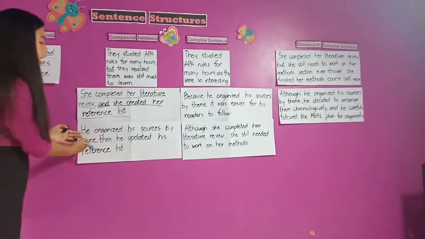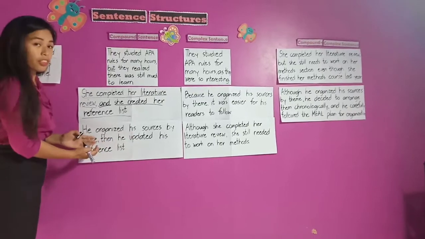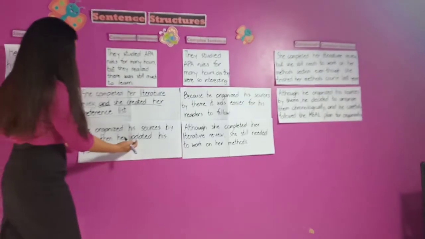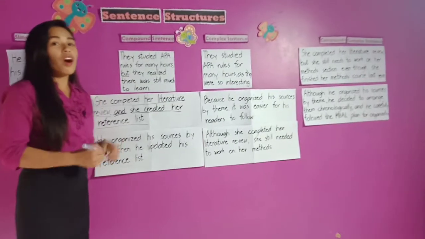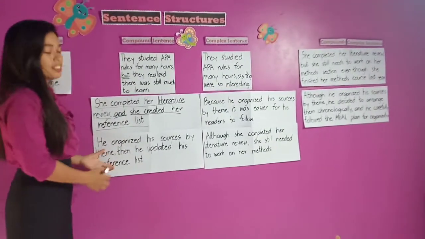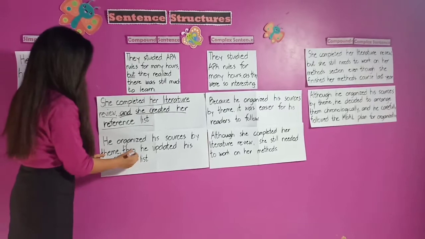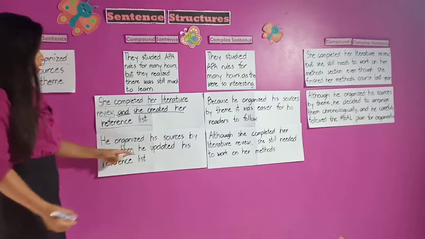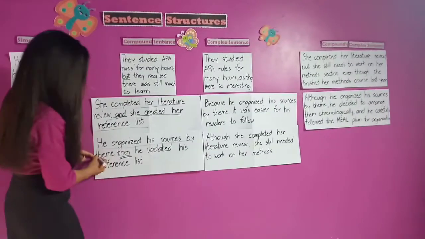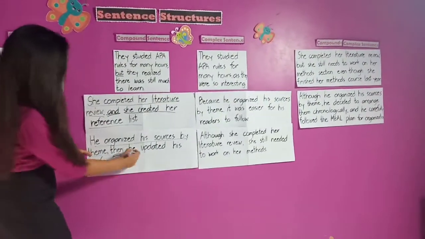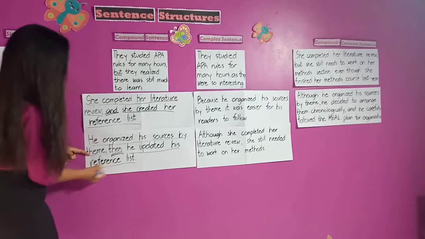So the third one, he organized his sources by theme. Then he updated his reference list. So this sentence has a conjunction, then. The first clause is he organized his sources by theme, and the second one is he updated his reference list.